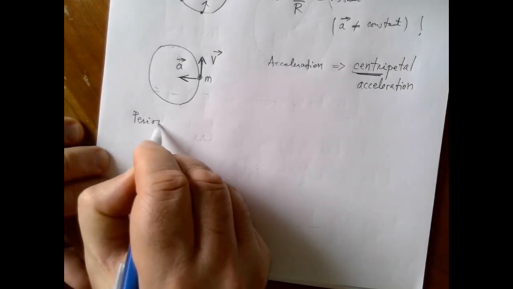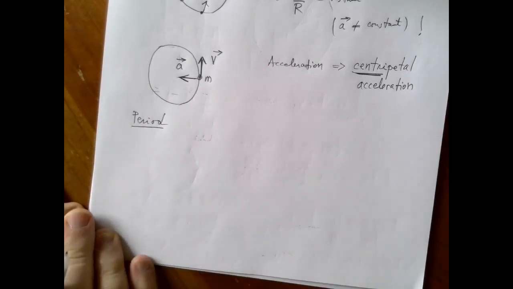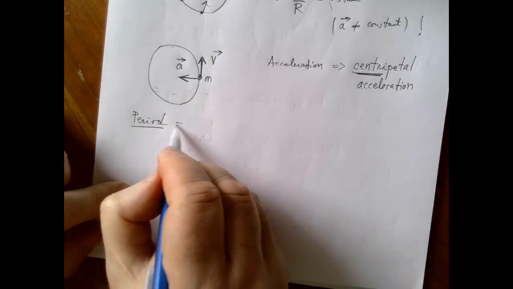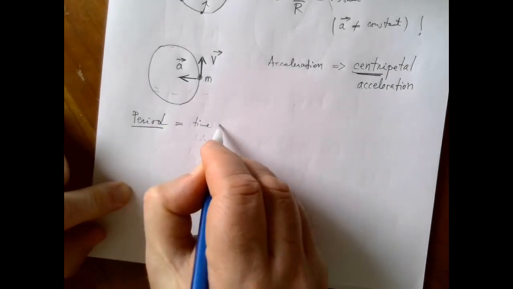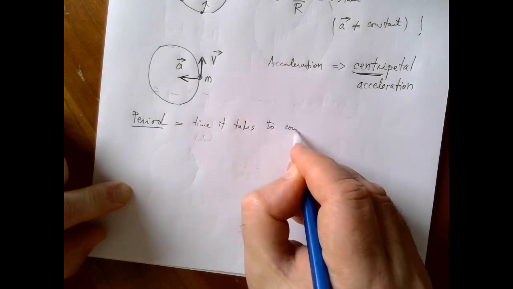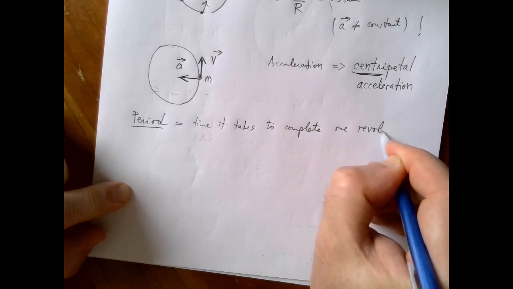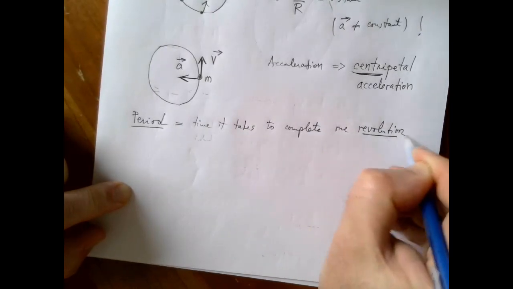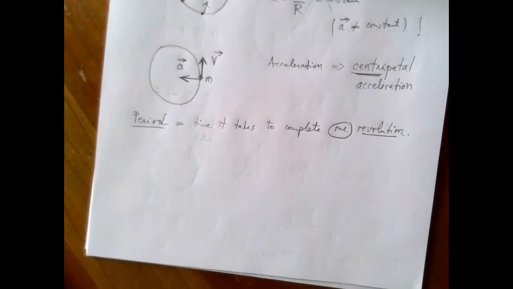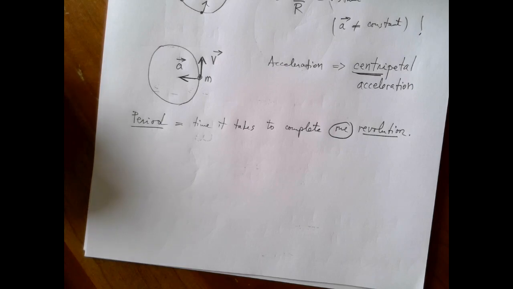Well, if the object is moving on a circle, we have to define the period. The period is the time it takes to complete one revolution, one complete rotation. That is the definition of the period.